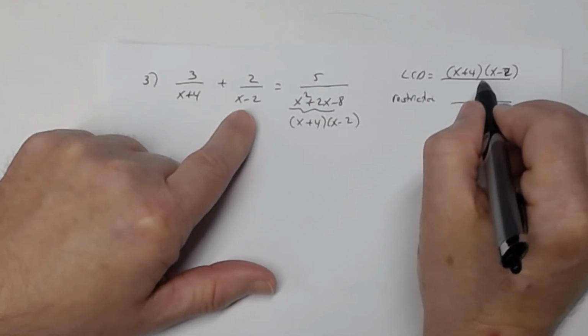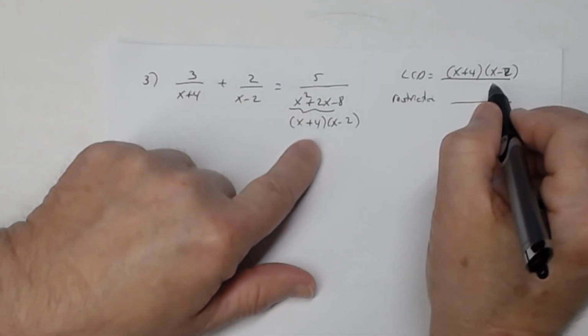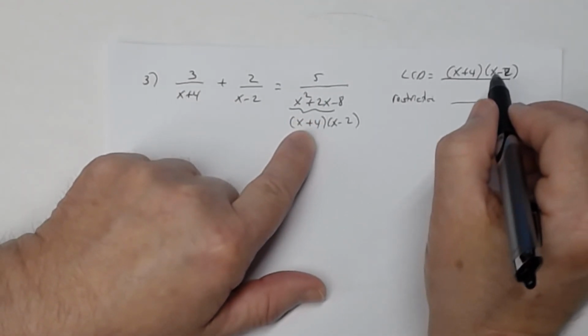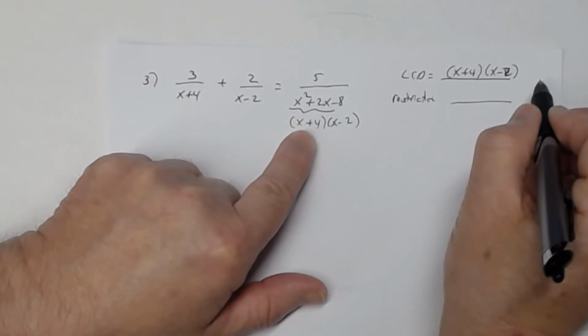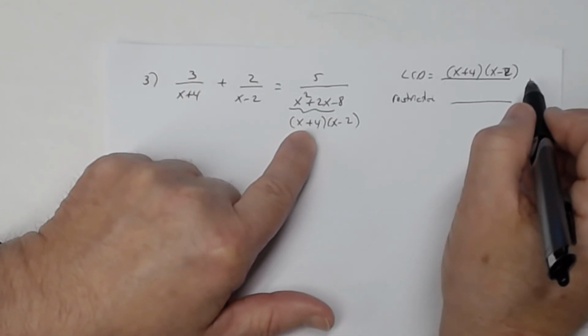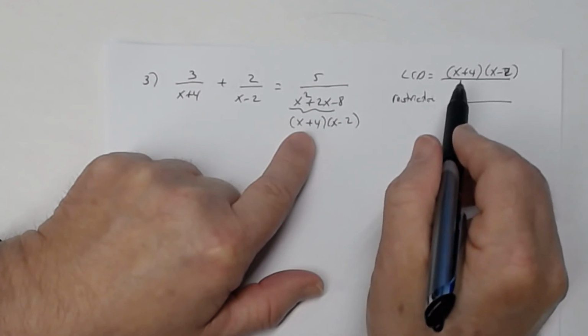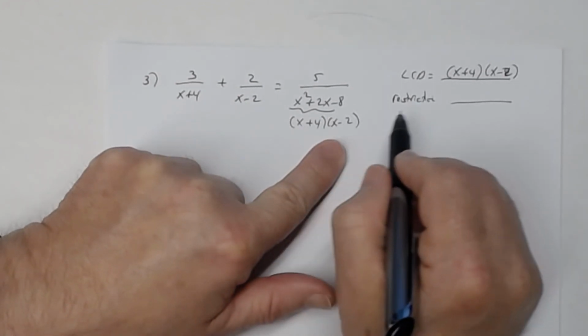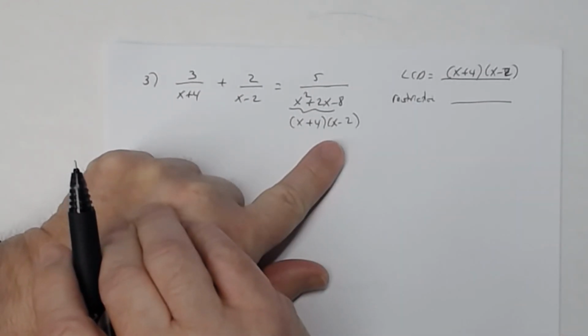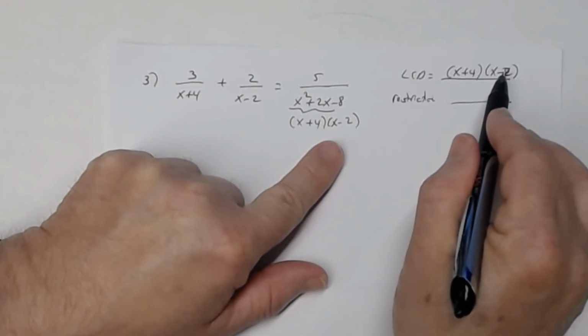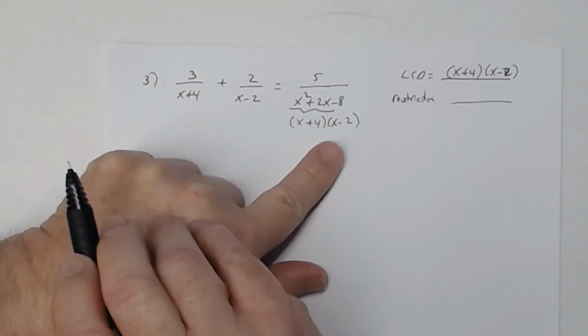That's incorrect. It must be a product of factors. Then we go to the next one, we see another x plus 4, but I already have it. Don't list it again because it's no longer the least. It's a common denominator, but it's not the least. So if you already have it listed, leave it as it is. And then x minus 2 is already listed, and so we're done. So the least common denominator is a product of these two factors.